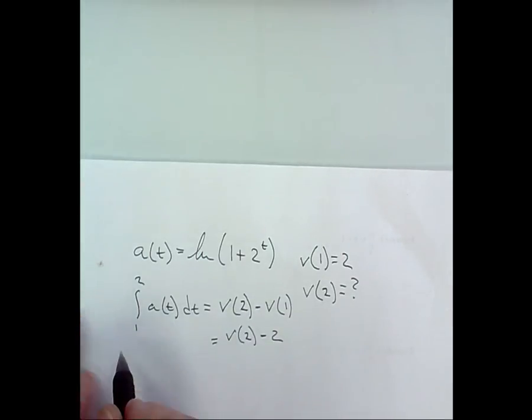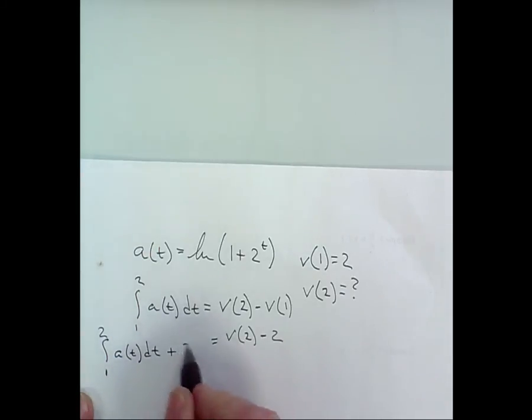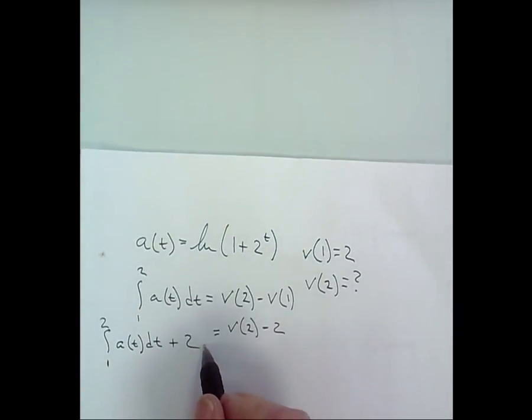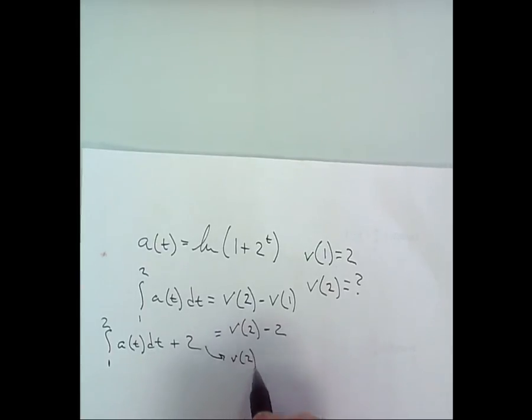So one way I could do it is, using my calculator, figure out what this area is, and add 2 to it. And that would give me v of 2. My guess is that's what you did. And that would be a correct way to do it. The question is, can you figure it out a different way?